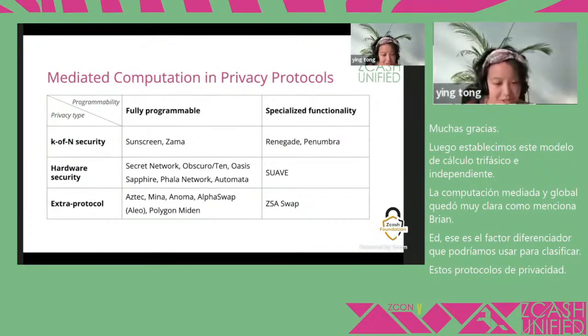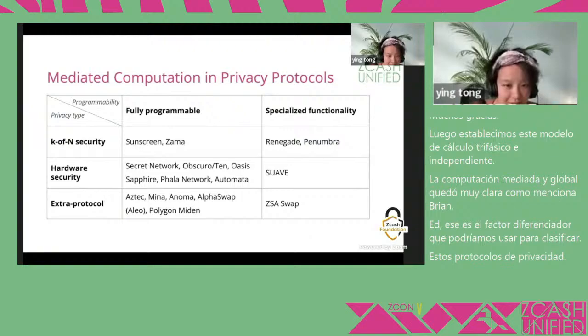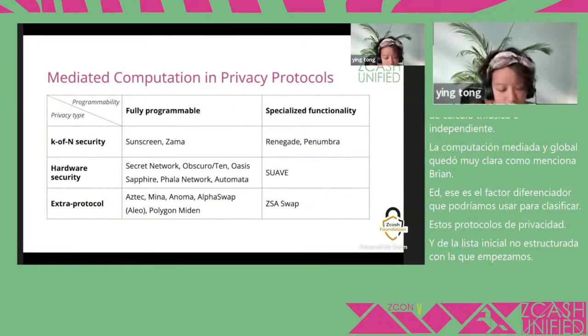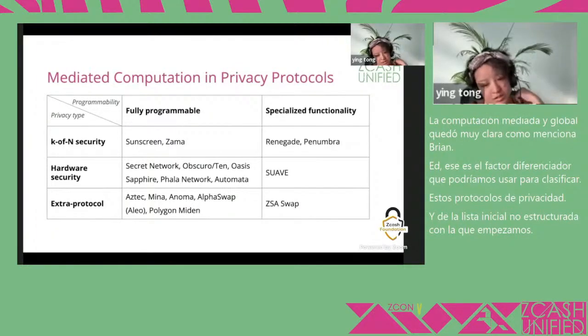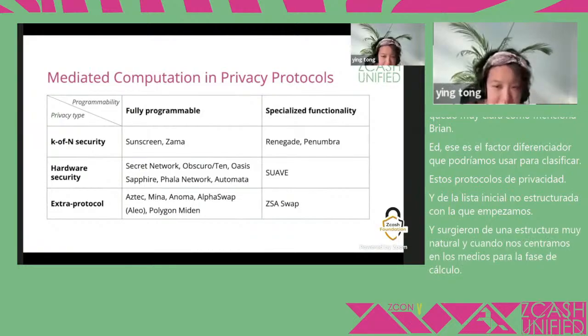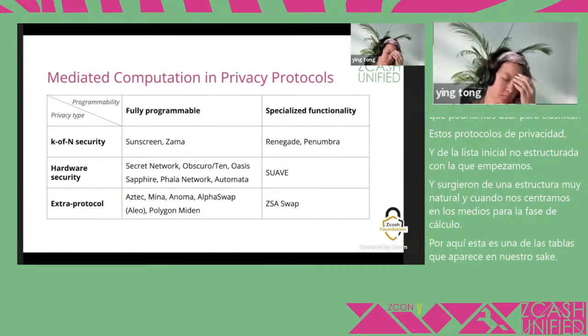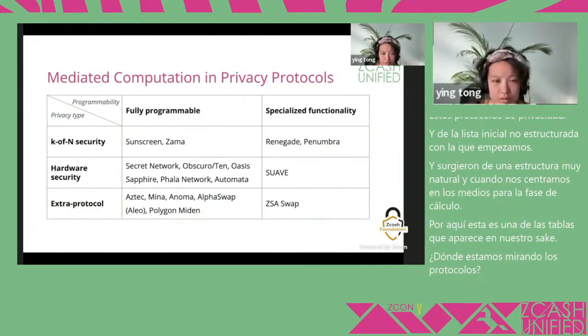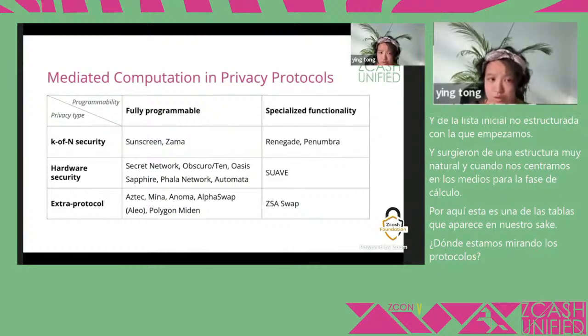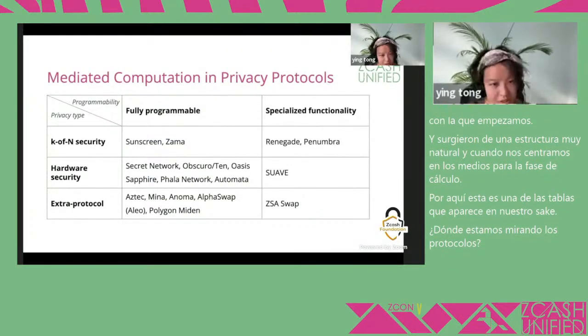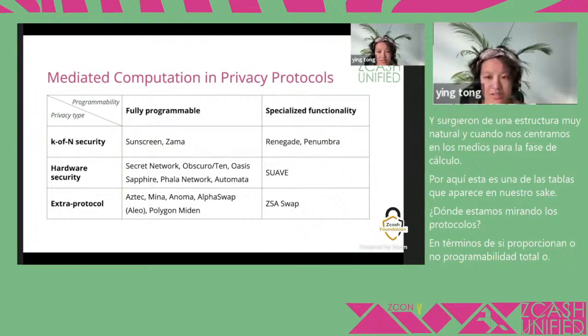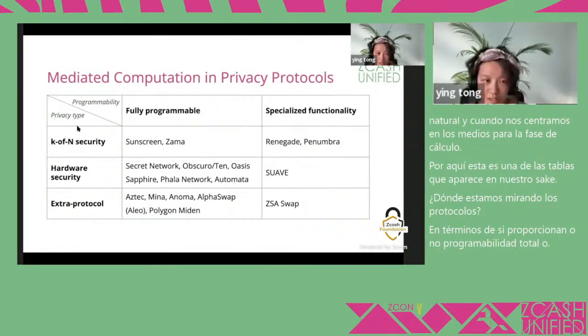And from the initial unstructured list that we started out with, there emerged a very natural structure when we just focused on the mediated computation phase. So over here, this is one of the tables that appears in our SoK, where we're looking at the protocols in terms of whether or not they provide full, general purpose programmability versus a specialized functionality on one axis.